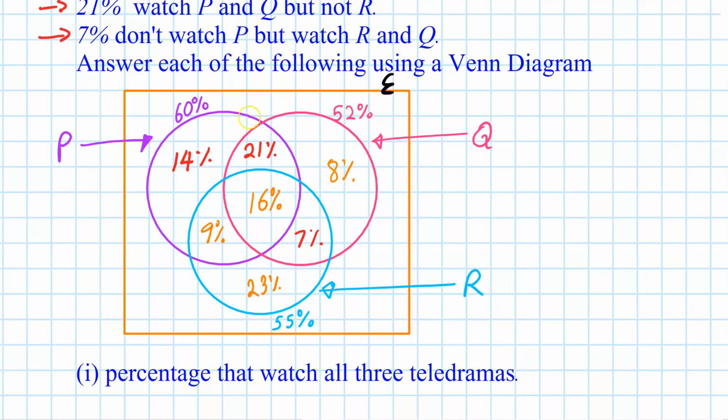Well, the union is 98%. What is the leftover? 2%. Well, that's actually fair enough, isn't it? Nowadays, people watch teledramas.